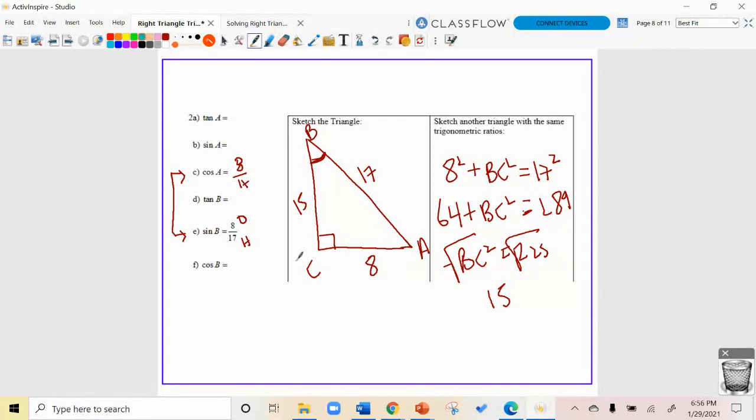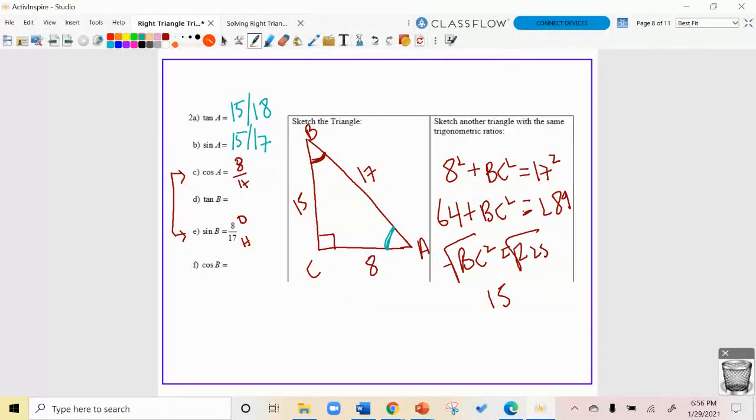I've created a picture. So if I figure out the rest of A up here, the tangent of A, opposite over adjacent, is 15 over 8. The sine of A, opposite over hypotenuse, is 15 over 17. Cosine, let's just check it.